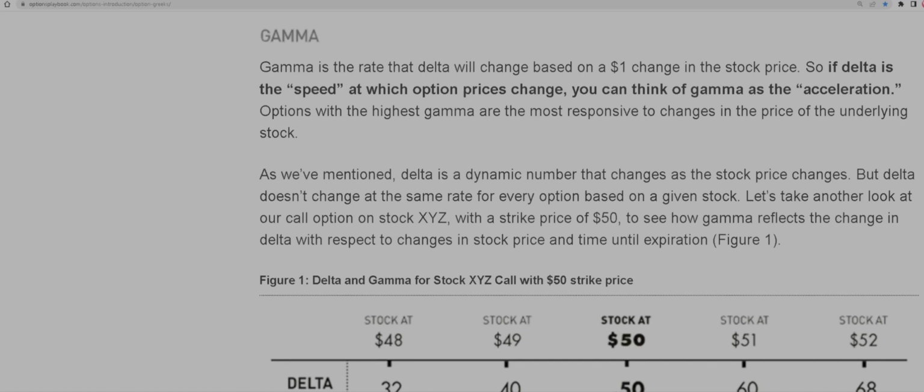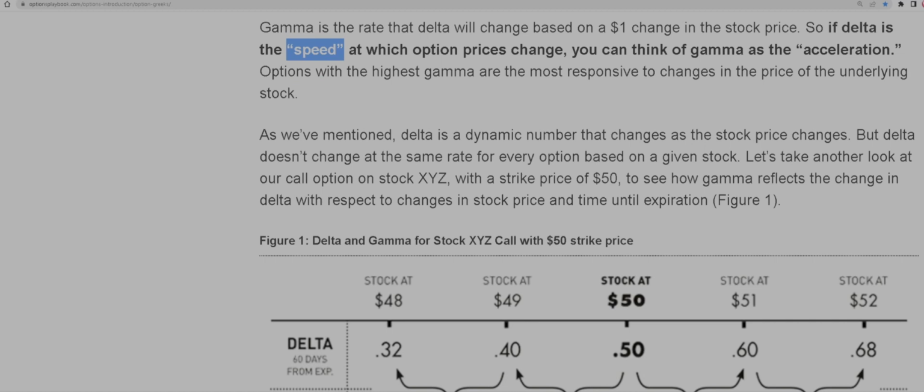So when we buy a stock option with whatever delta, if you choose a higher gamma, you have a better chance of making more money, because with every dollar the stock moves, the speed of this option, which is delta, would increase, as well as the value.